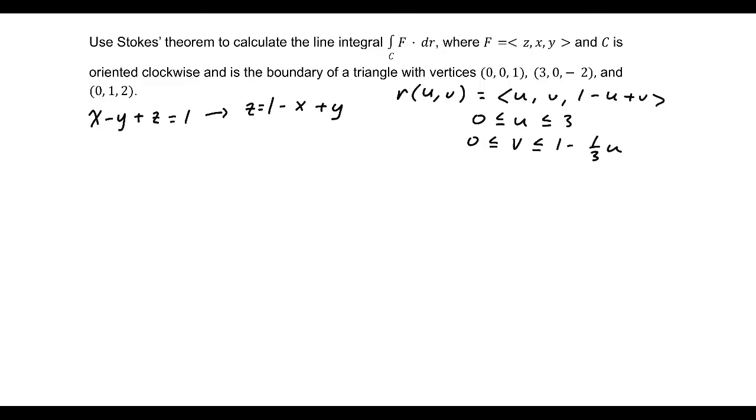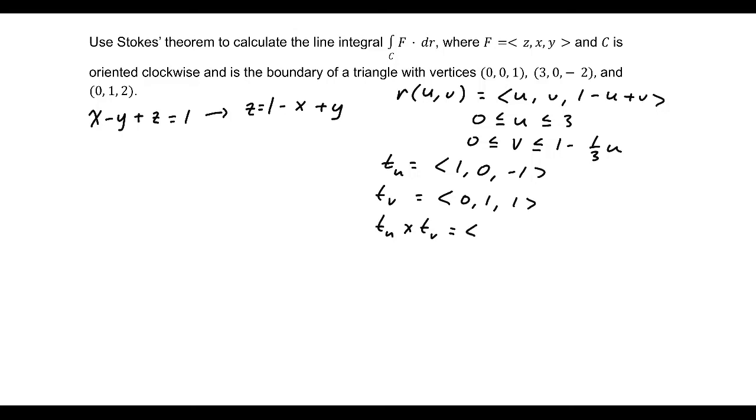Now from here, we can say that t sub u is equal to ⟨1, 0, -1⟩ with t sub v equal to ⟨0, 1, 1⟩, which means that t sub u crossed with t sub v is equal to ⟨1, -1, 1⟩.